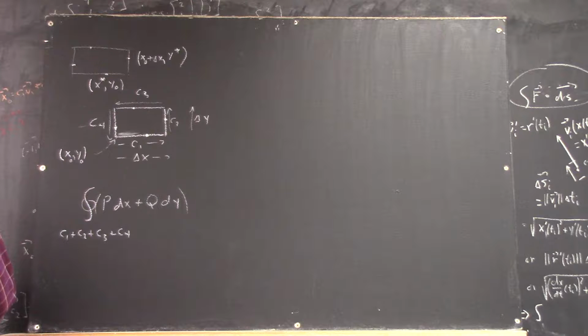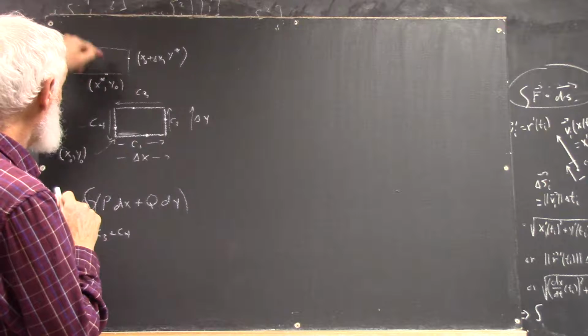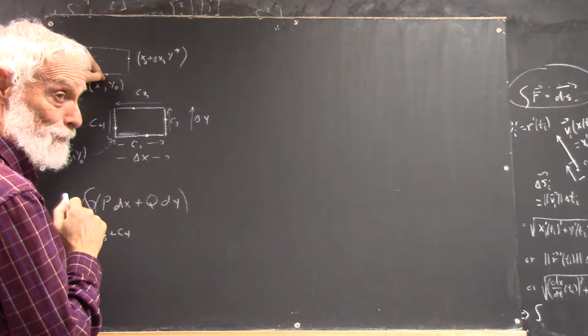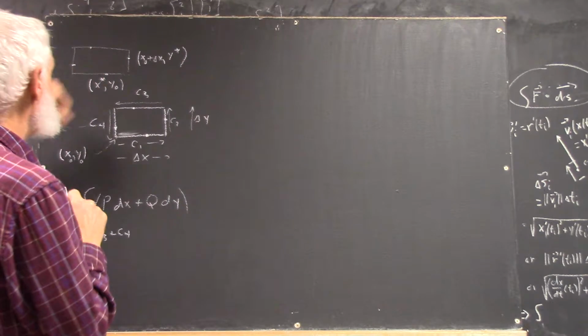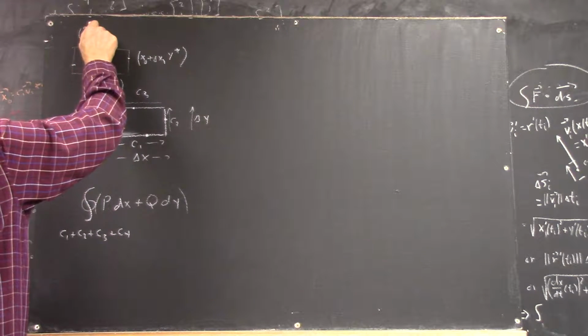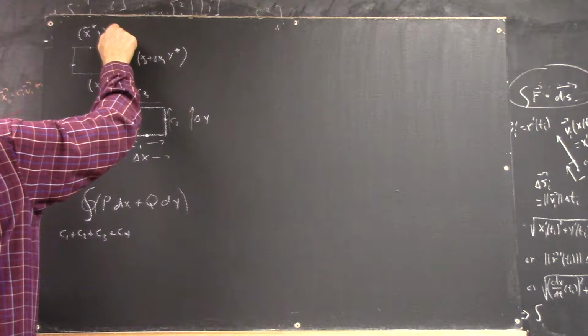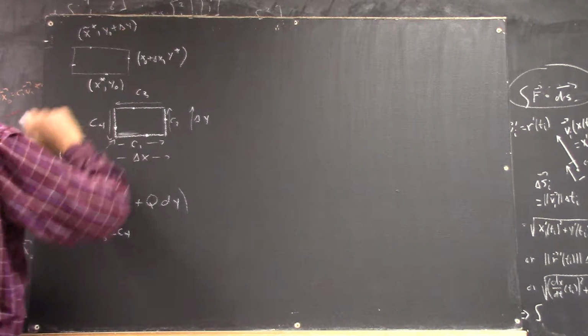Okay, now I've got a problem, and I could do this without generality. I don't want to call this x star because this is x star and this doesn't have to be the same as this. Okay? So it would be more convenient to use x star, but I'm not going to do it.